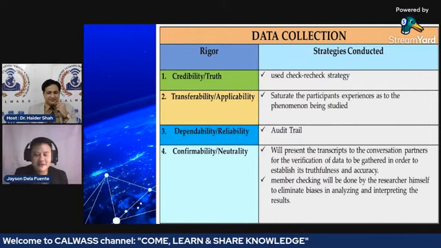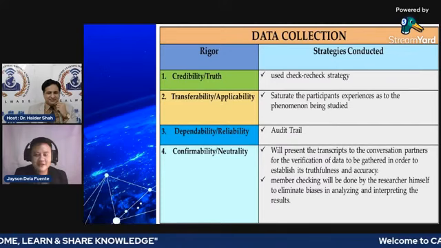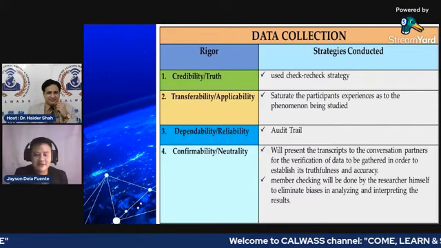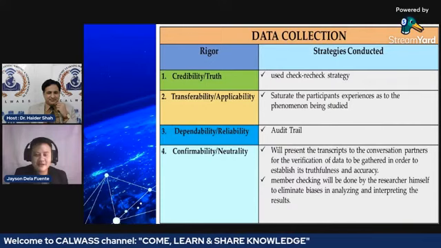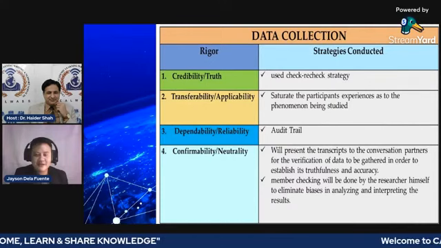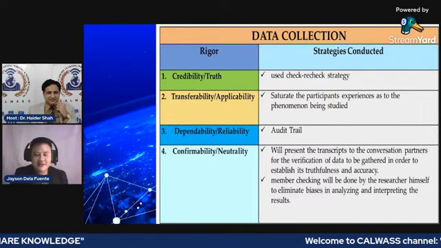I did the audit trail. An audit trail is all the things you did in analyzing your data, from listening to the audio recorded interview, transcription, analysis, clusters, units, and so on, to come up with themes.